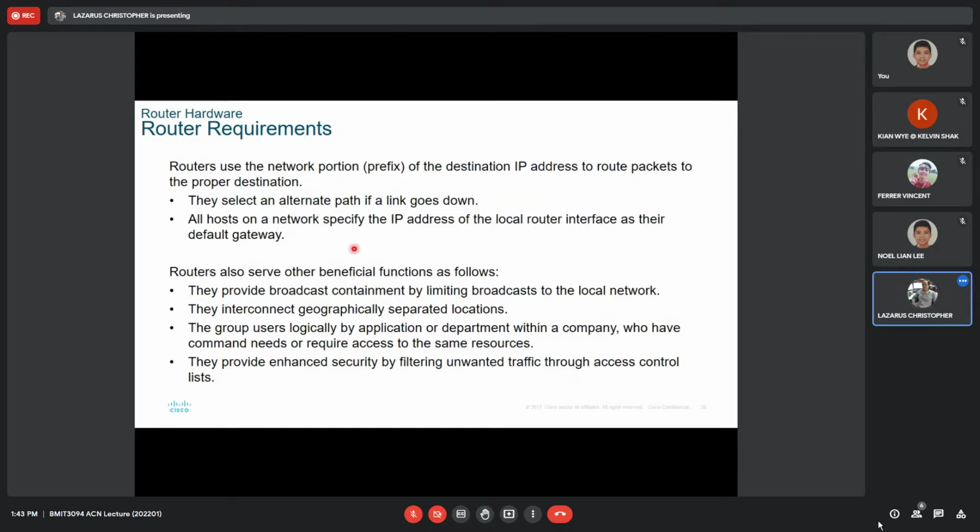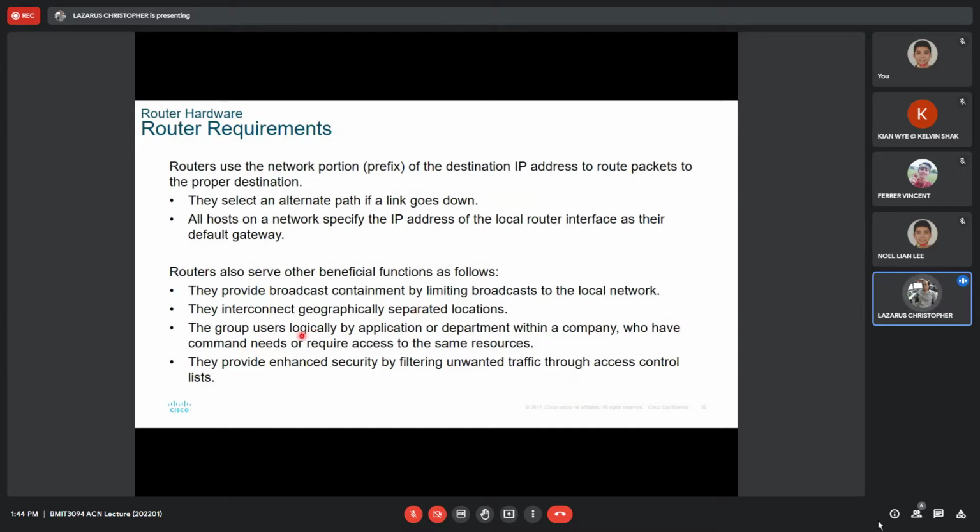Other things that routers are used for is to limit the broadcast domain, right? We know this one. They act as a gateway, which means they allow us to connect remotely. Geographically separate locations are remote, so we can connect LANs remotely, right?